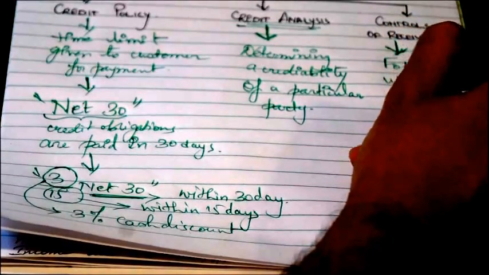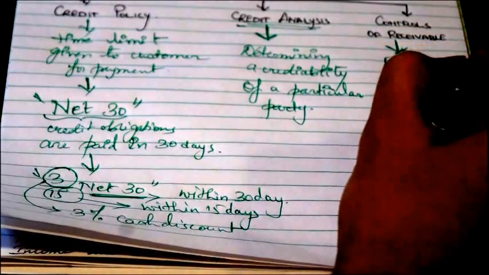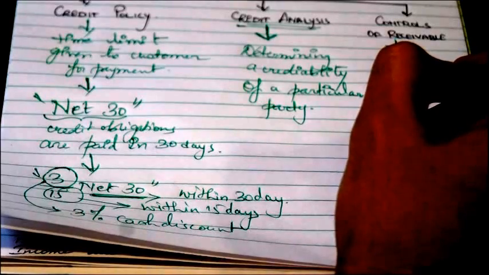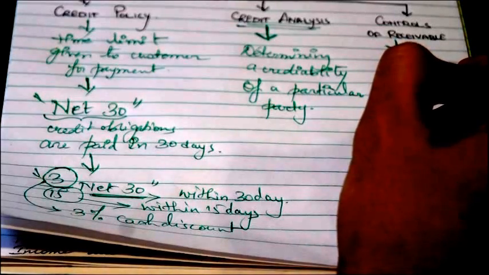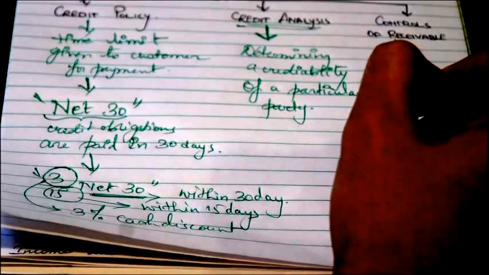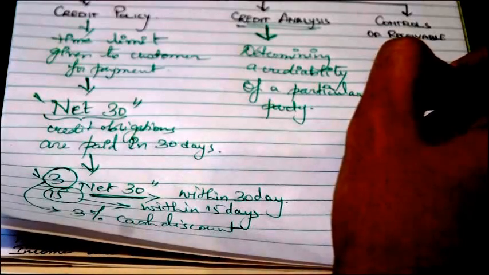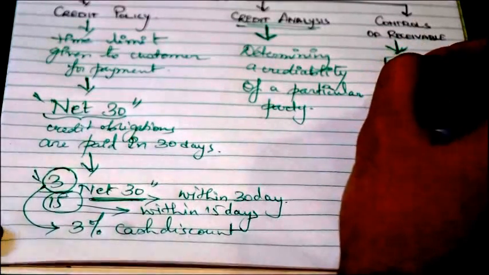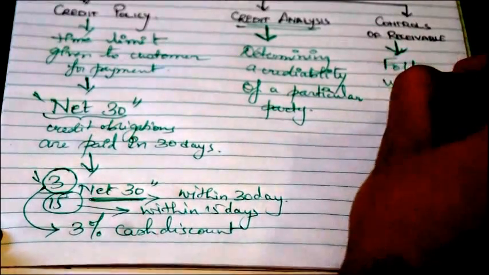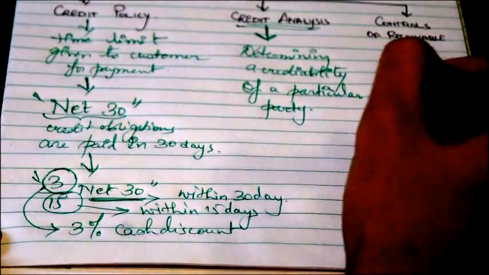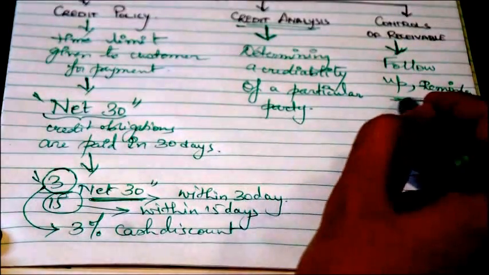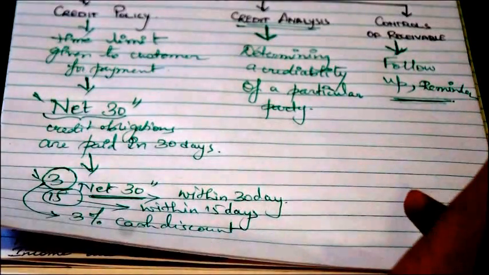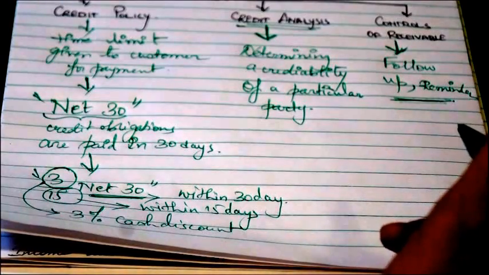All this is part and parcel of the control of the manager. So a finance manager needs to follow up with the debtors or give reminders at a suitable credit policy. So all these are your controls of receivables, and if the credit policy is increased or is being considered to be increased, these all have to be paid attention to, and this is also a very important aspect of management of debtors.